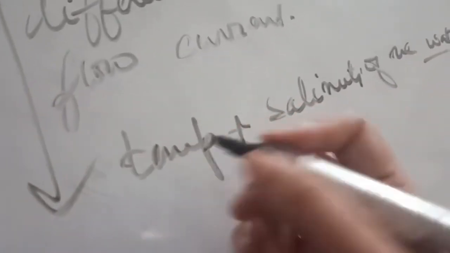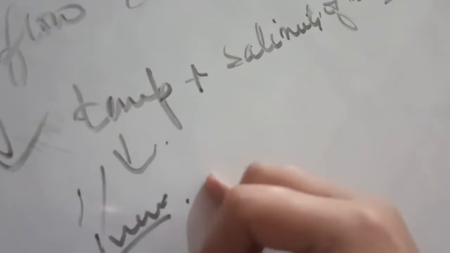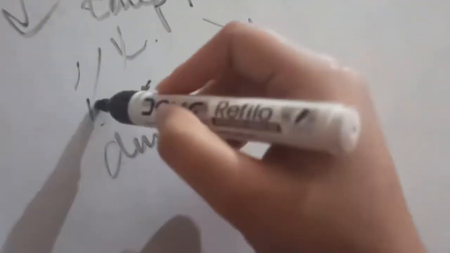If the temperature increases, sorry, I've said the wrong thing. If the temperature increases, then the density of the water decreases. If the temperature decreases, then the density of the water increases.